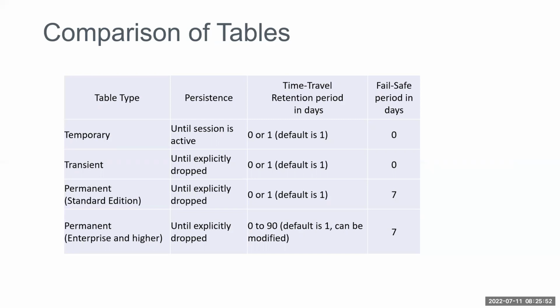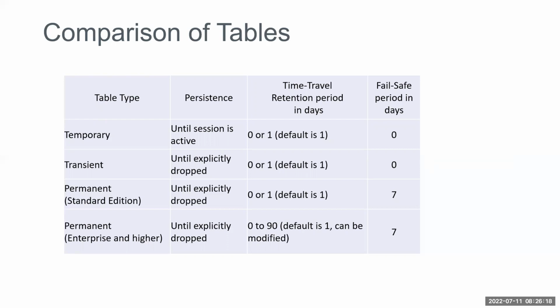The same for transient tables, their persistence is until you explicitly drop the table from the database. Okay, and time travel for this is again 0 or 1. By default it is 1, you can set it to 0 if you want, and there will be no failsafe for transient tables as well.